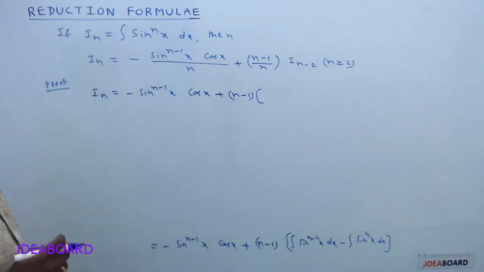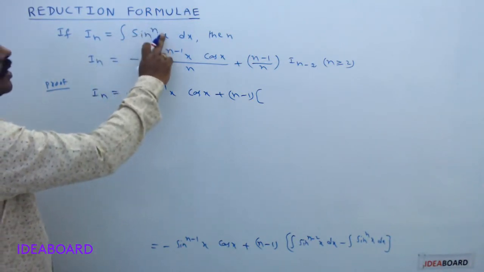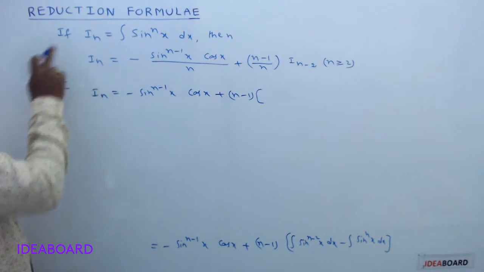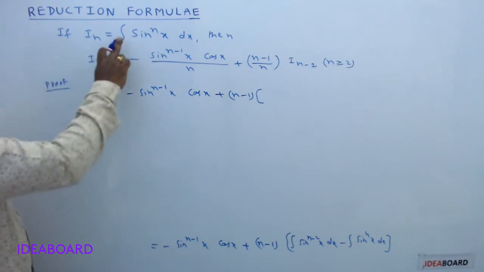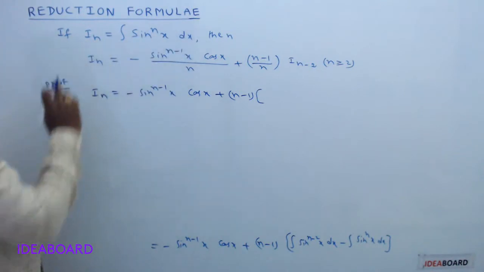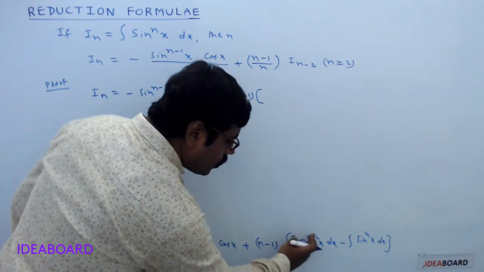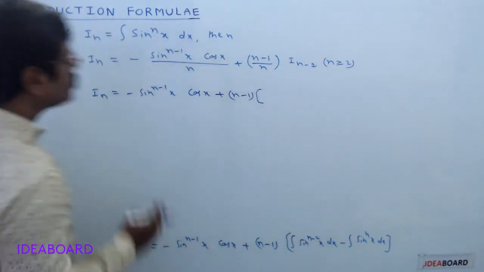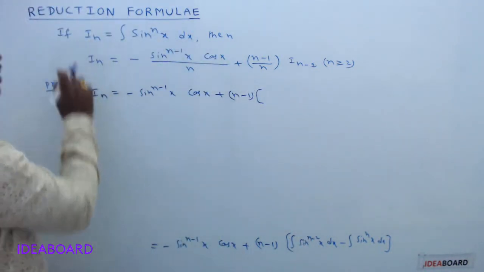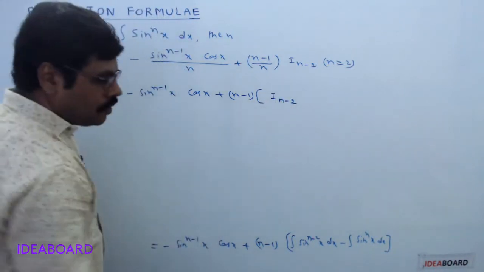If you observe the given function, the integral of sin^n x dx is I_n. So the integral of sin^(n-2)x dx can be taken, according to this notation, as I_(n-2).